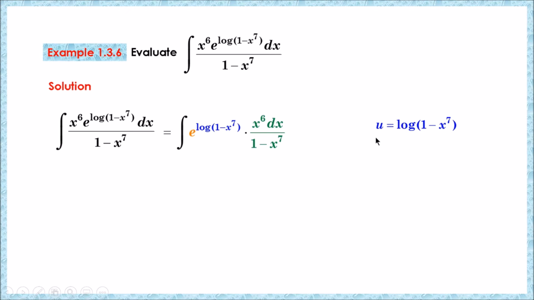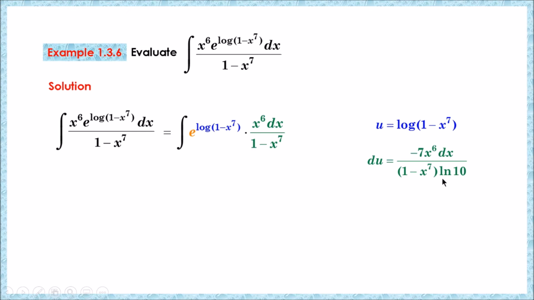Let's see if this is its differential. Taking the differential of u, we have -7 x^6 dx over (1 - x^7) ln 10. But this x^6 dx over 1 - x^7 is not exactly the du. We need a constant factor -7 in the numerator and ln 10 in the denominator.